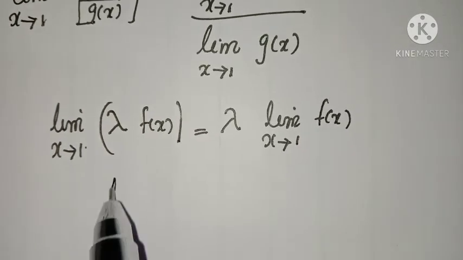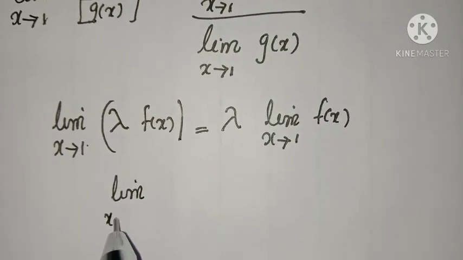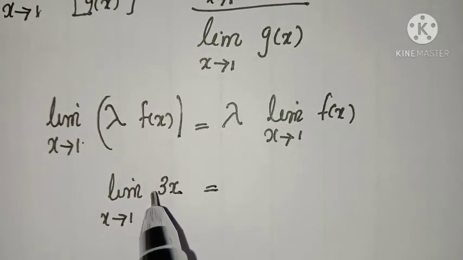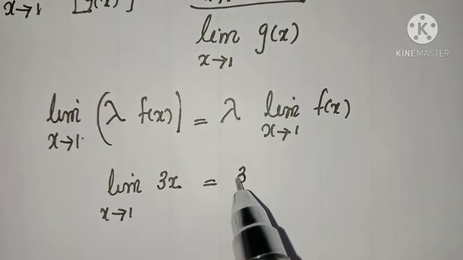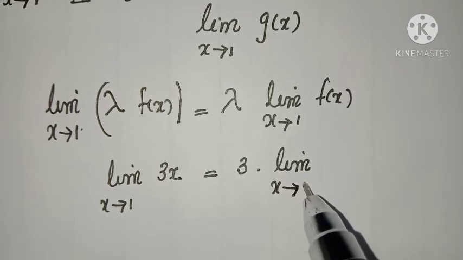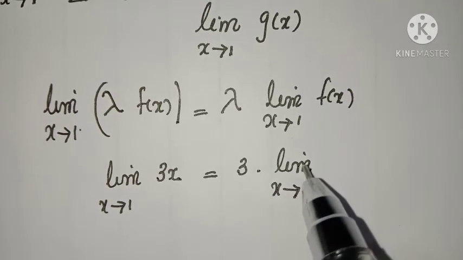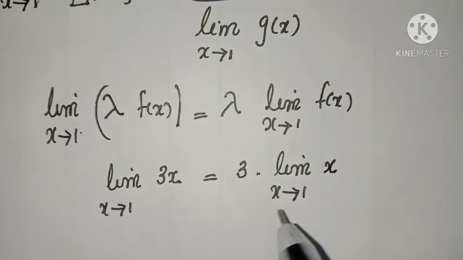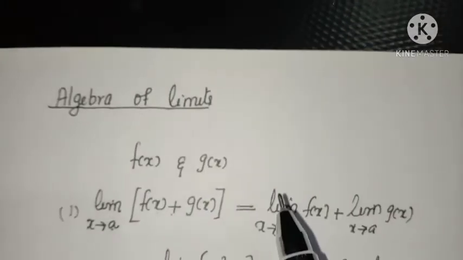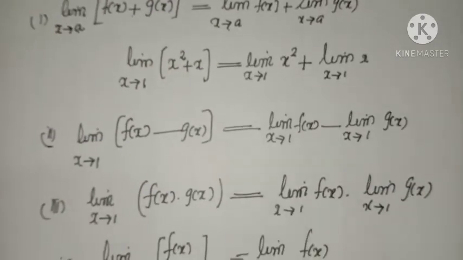For example, suppose we have the function limit x tends to 1 of 3x. Here 3 is a constant. You can take 3 outside, then take the limit. So 3 into limit x tends to 1 x. This is the meaning. So these are the algebra of limits.